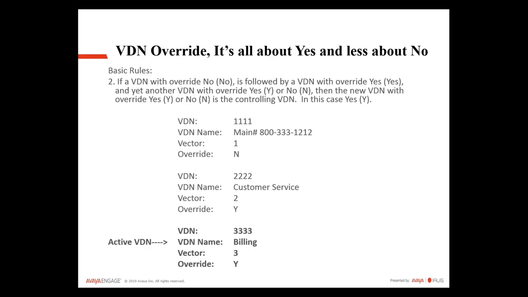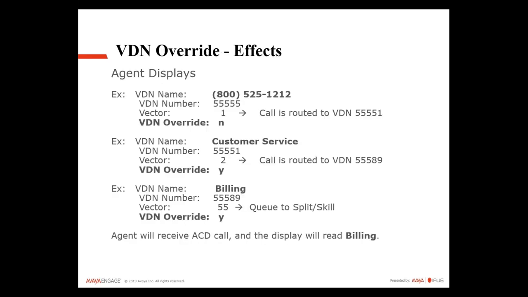So let's take a look at some of the things that might be applied. One of the most evident is the agent display. What do you want the agents to see when the call gets to their phone? So if a call comes in to the main and routes to customer service, and customer service says, hey, main, can I override you? And here in this example, the main says no and remains in charge.